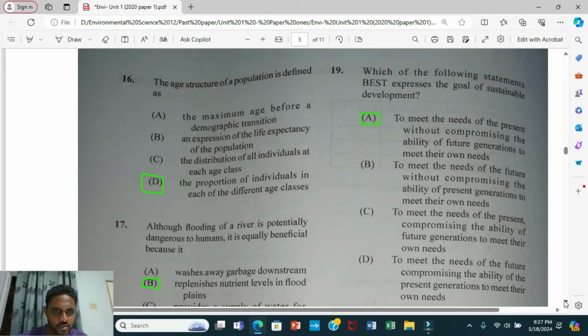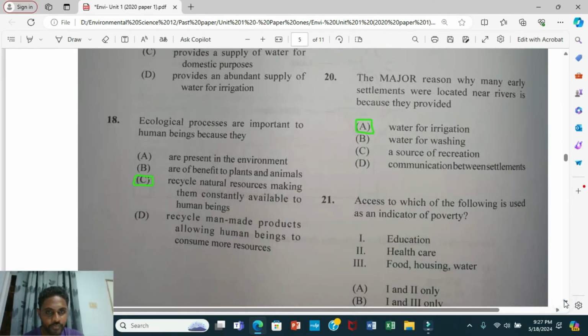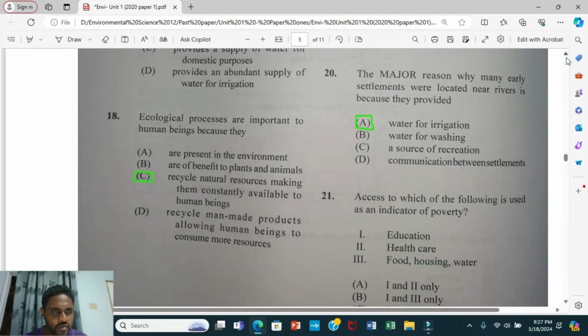Of course, guys, the answer would be A, to meet the needs of the present without compromising the ability of future generations to meet their own needs. Number 20. The major reason why many early settlements were located near rivers is because they provided A, water for irrigation.